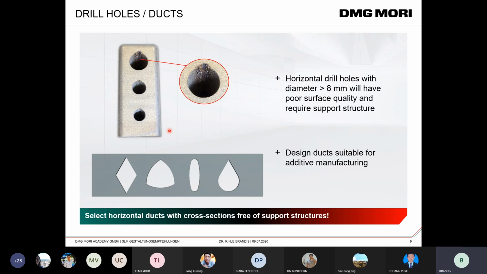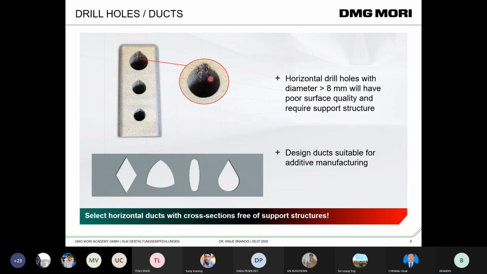So this is the rule: horizontal drill holes with a diameter more than 8 millimeters will have poor surface quality and require support structure. So this is here a hole of 8 millimeters. It's the maximum printable without support, but you can see it here very well. We will get a very poor surface at the top of this pipe.